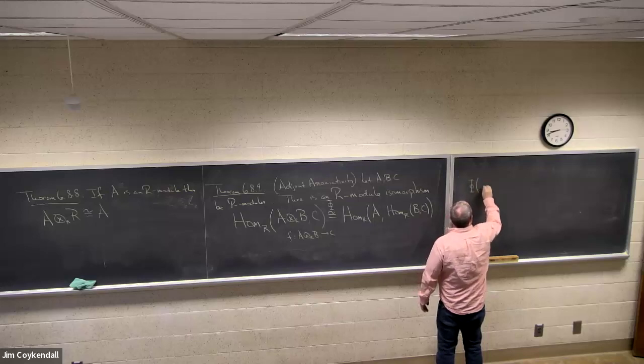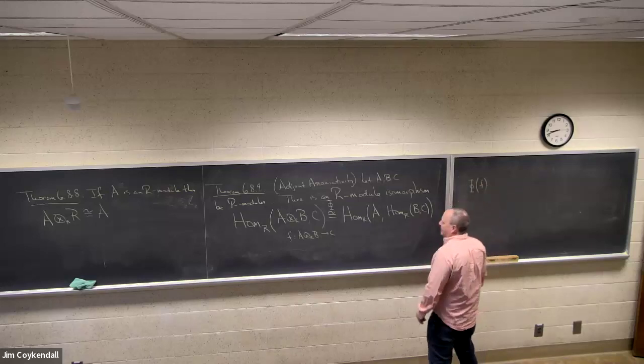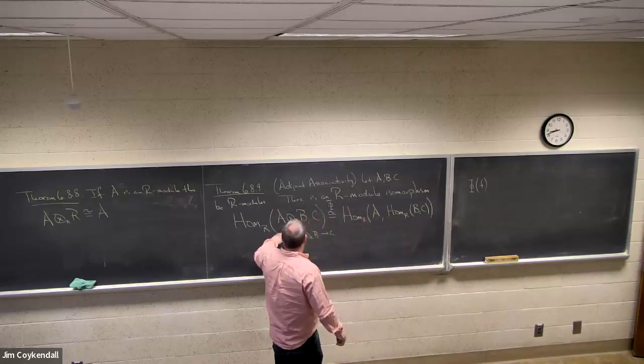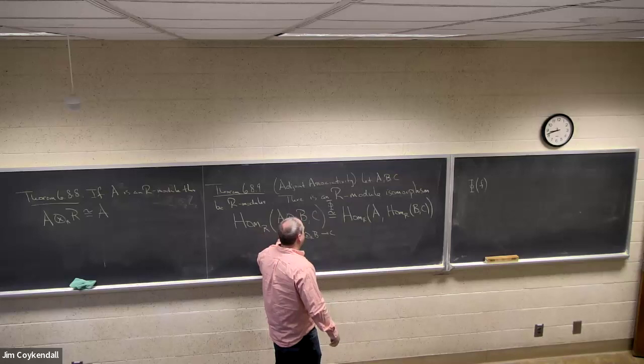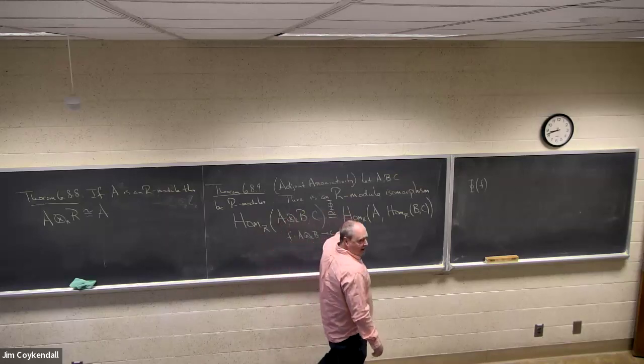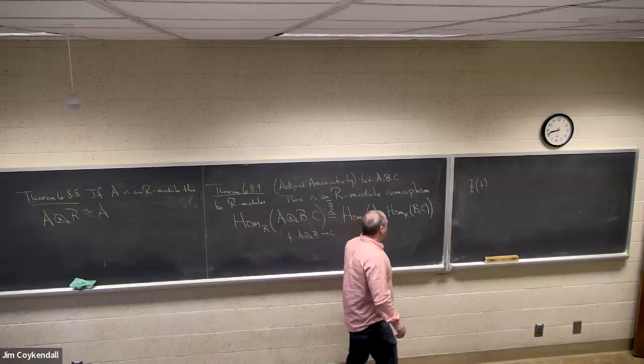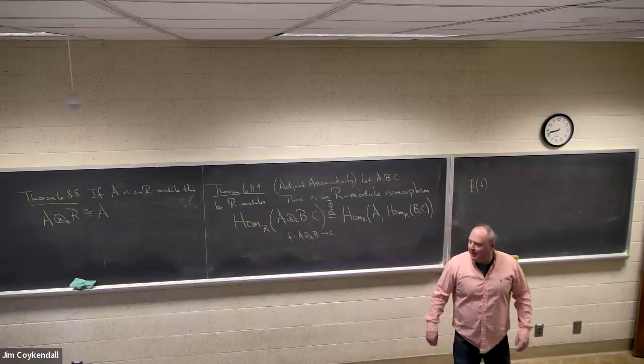You start with this F, a homomorphism from A tensor B to C. Now you need it to output a homomorphism from A to the homomorphisms from B to C.